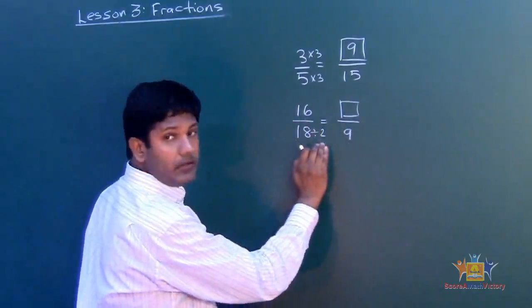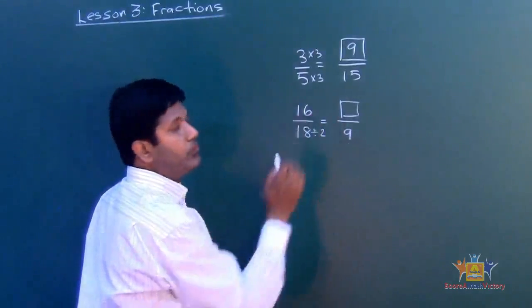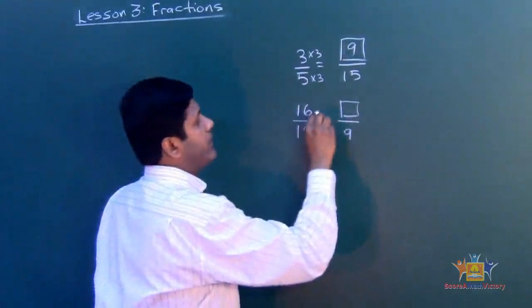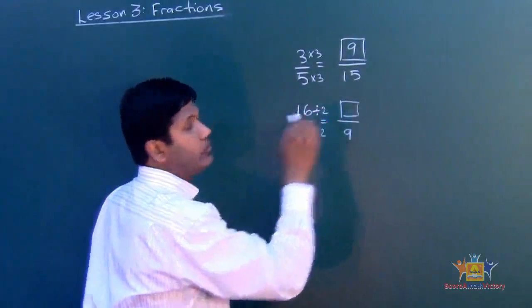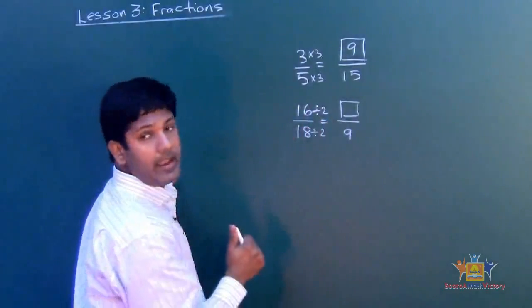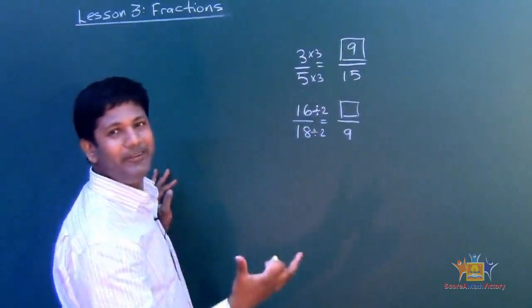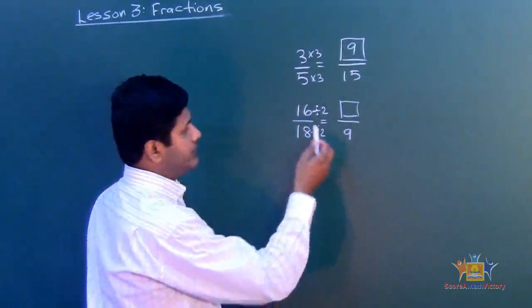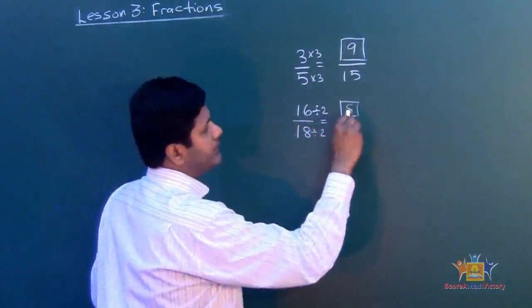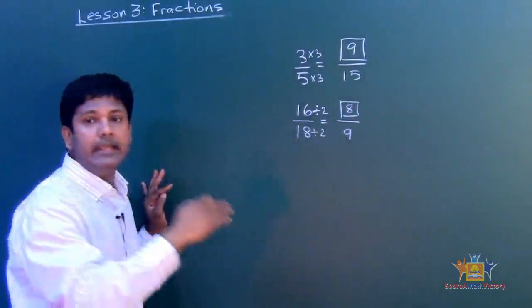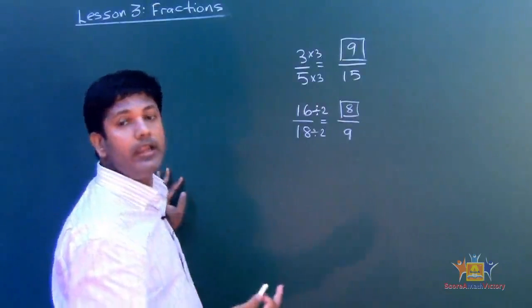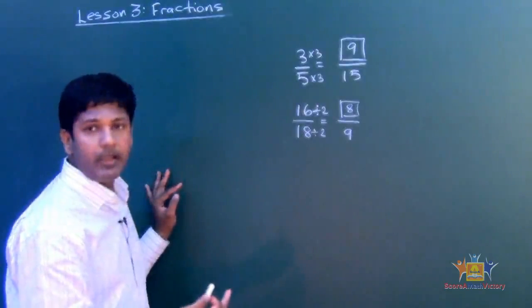If I divide the denominator by 2, what do I have to do to the numerator? Also divide by 2. It's very important. You got to be consistent. Okay? I can't divide the denominator by 2 and then the numerator by 4. You can't do that. They have to be the same. So in this case, 16 divided by 2 is 8. So 16 over 18, equivalent fraction is 8 over 9. Okay? So keep that in mind.